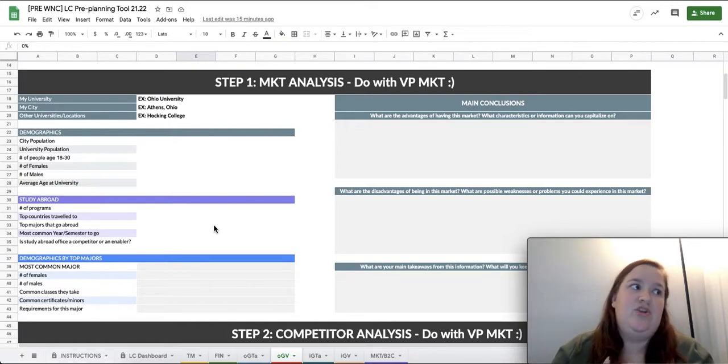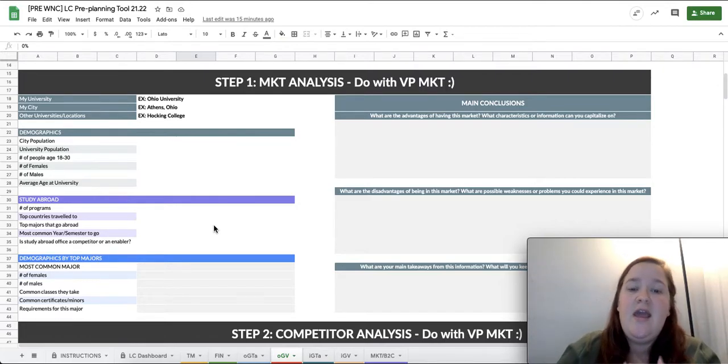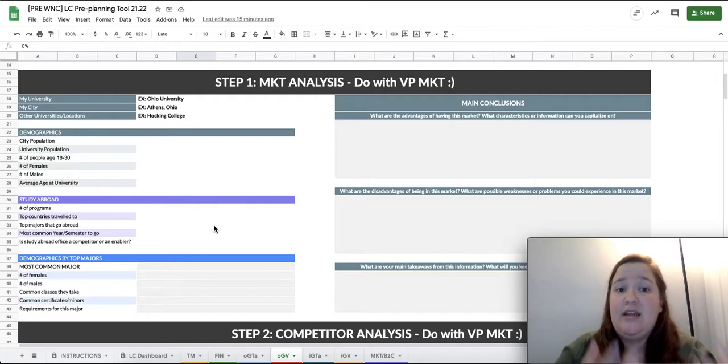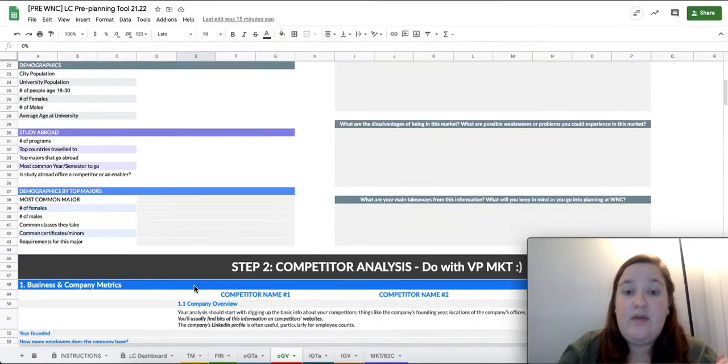They normally describe how much population or the jobs that are around. You can use your university's website to find this information as well, and you can probably visit your study abroad programs, look at their external resources to see the number of programs that they have, what countries they send to as well. And yeah, that you should do with marketing.